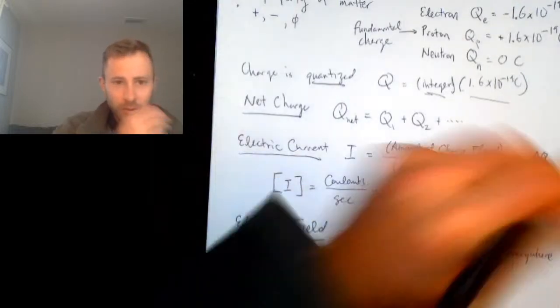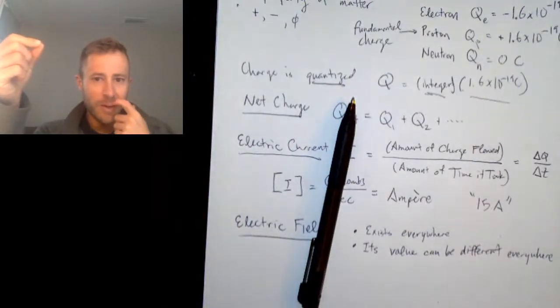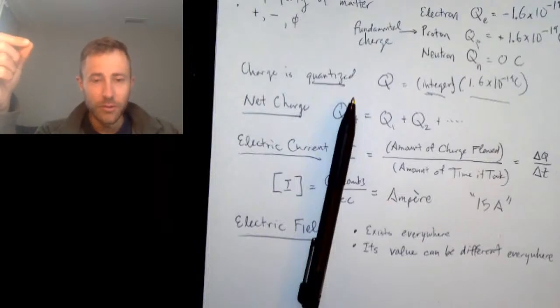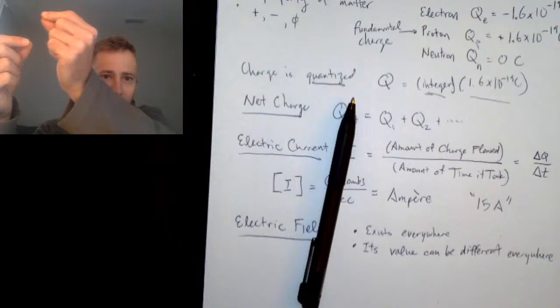In other words, over here you have an electric field that might be, I haven't said the units yet, but the units are called newtons per coulomb. So maybe here the electric field is 8 newtons per coulomb, and here the electric field is 4 newtons per coulomb, and here the electric field is 0 newtons per coulomb.